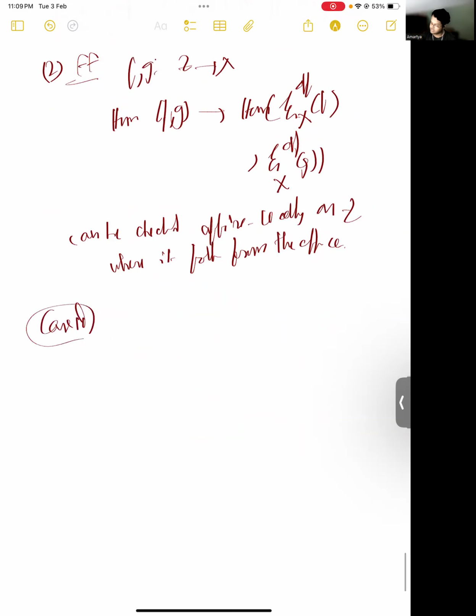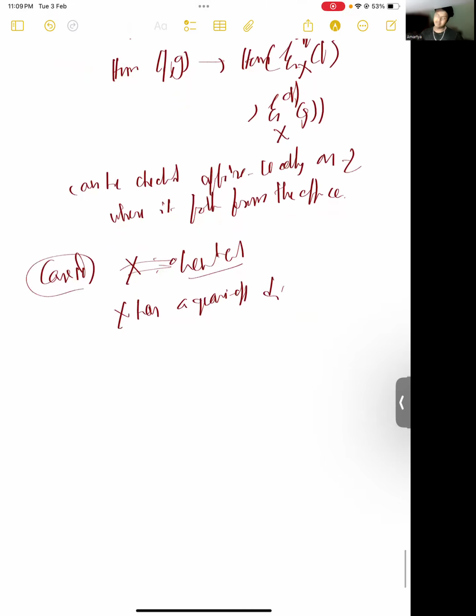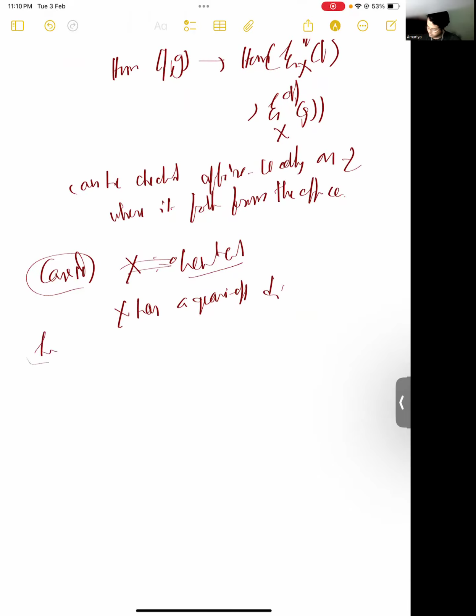And now the second case is the general case. Okay. So that is X has a quasi-affine diagonal. Okay. So start with this lemma. I think we have seen this before.